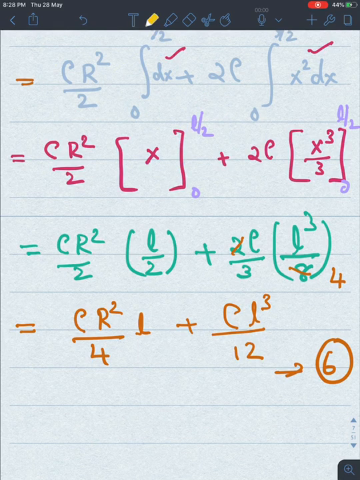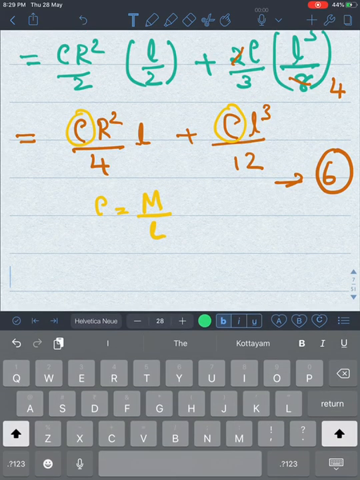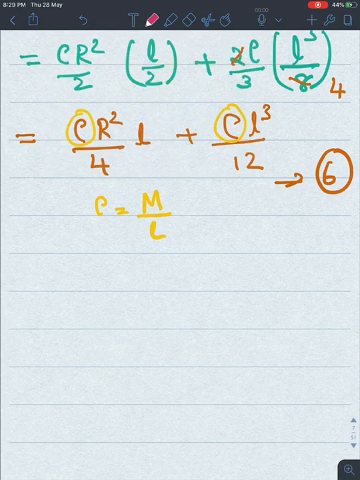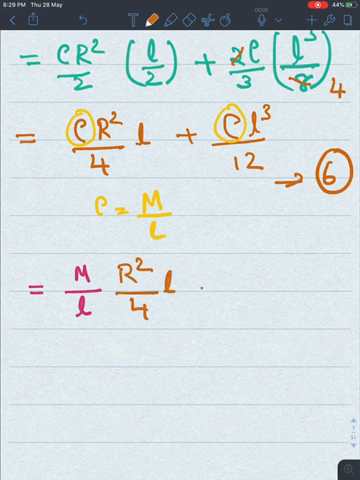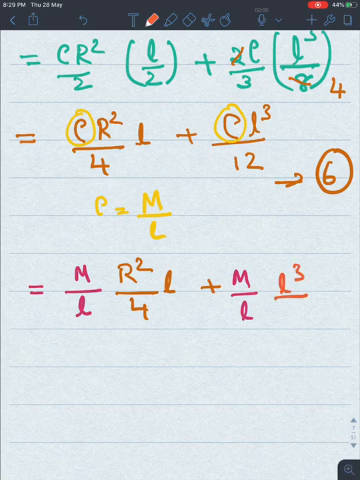Therefore, substituting for rho, which is nothing but m by L, this becomes m r square by 4 L, with an L down here and an L here, plus m by L into L cube by 12.